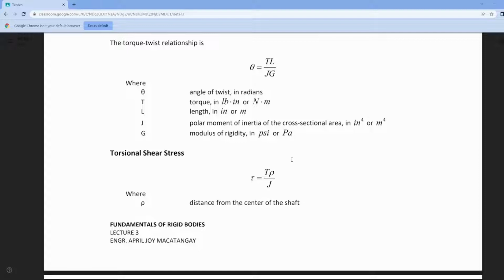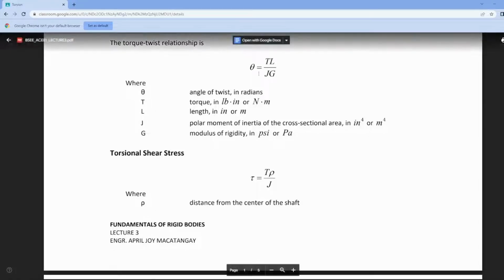Next we have the torsional shear stress. This is the stress due to torsion. Torsional shear stress is denoted by tau, like the shear stress we discussed last time. Now it is torsion, but tau is still our symbol. So, tau is equal to T rho over J. T is the same torque, J is the same polar moment of inertia.